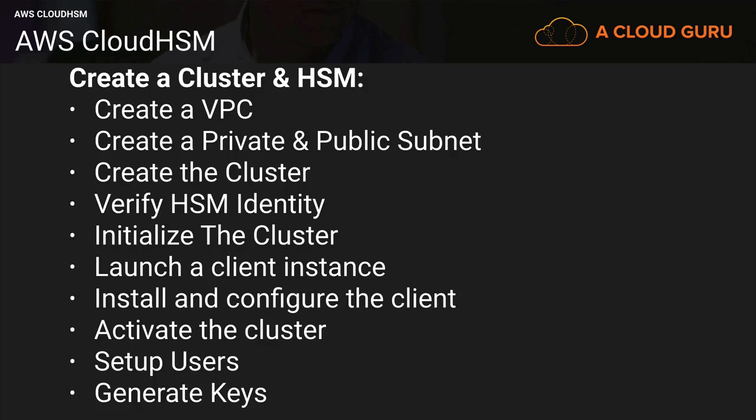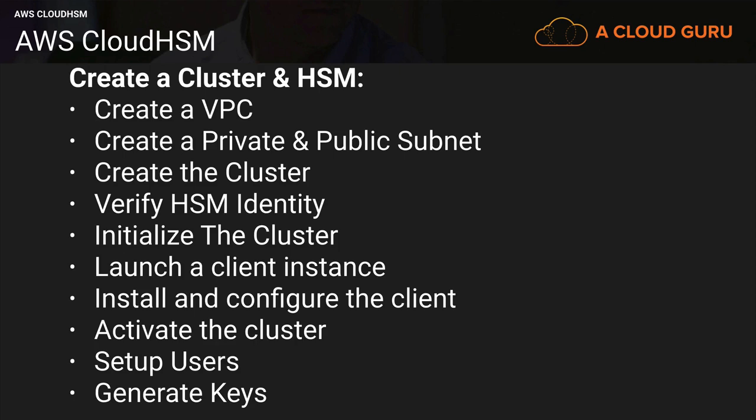And just a quick rundown as to what we're going to do. We've already created our VPC. We need to create an additional private subnet, which we'll go ahead and do. We're then going to create the cluster across those two private subnets, in different availability zones. We're then going to verify the hardware security module's identity. We're going to create a whole bunch of chain certificates in order to do that. We're then going to initialize the cluster. We're then going to launch a client EC2 instance from which to manage this cluster, and we're going to install and configure the client.